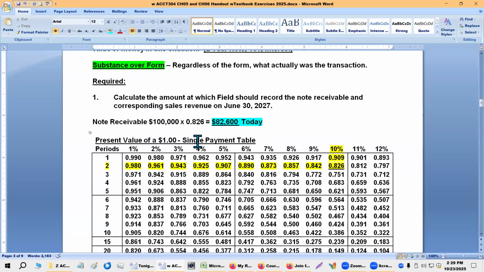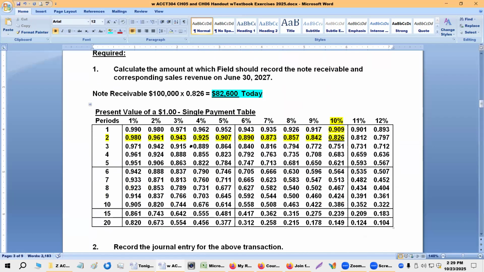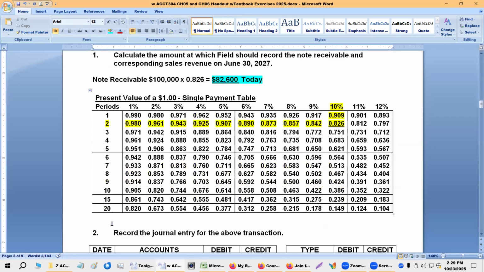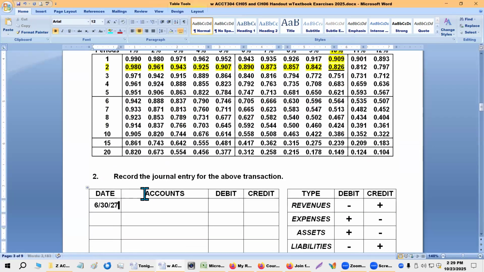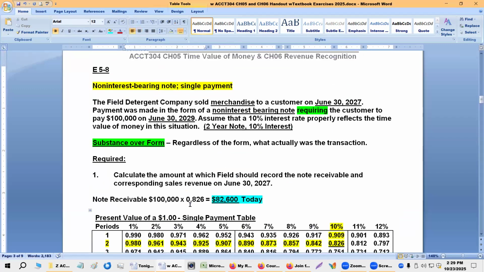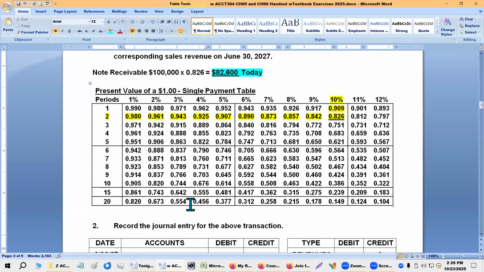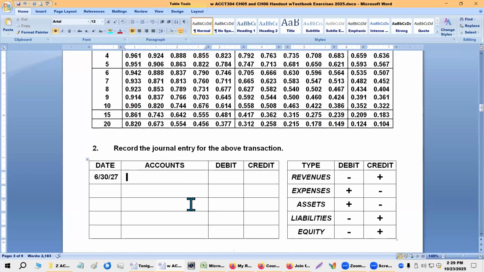We're not going to do those journal entries. We could do those journal entries, but we're not going to. So on 6/30, this is 2027. Okay, we're going to have, let's see, they gave us a note. So a notes receivable. A receivable is what kind of account?